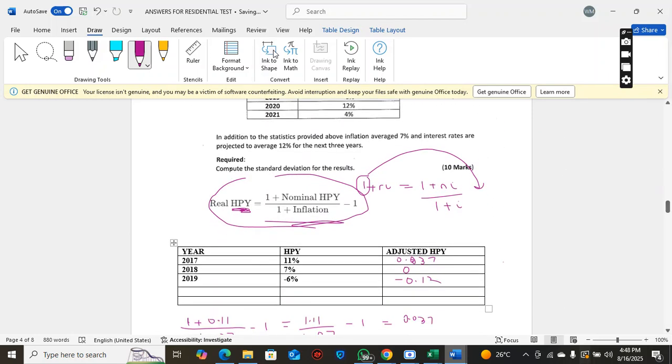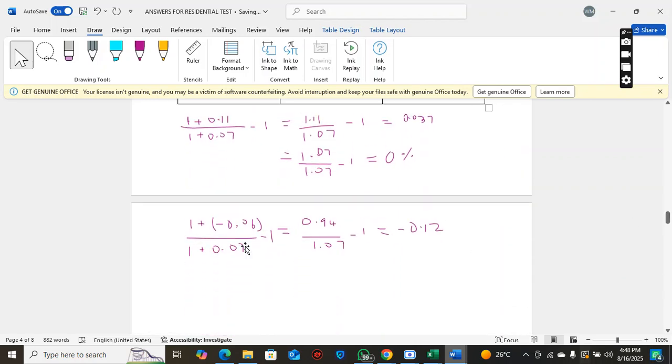2020, 12%. When it's 12%, it's the same as saying 1.12. So 1 plus 0.12 divided by 1 plus 0.07.